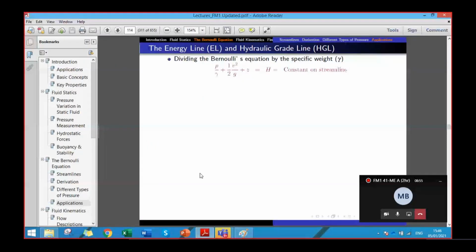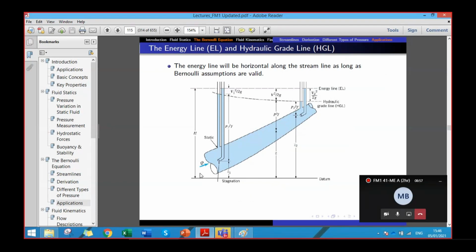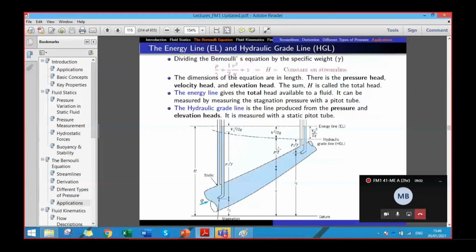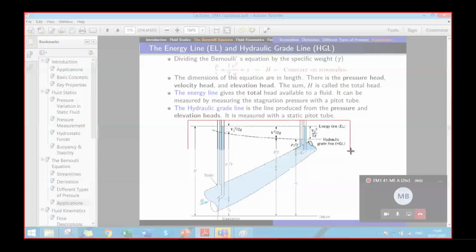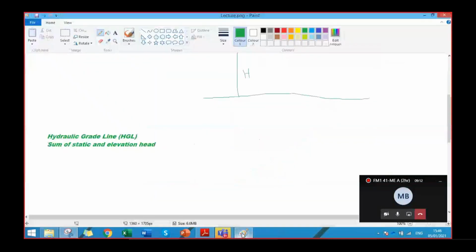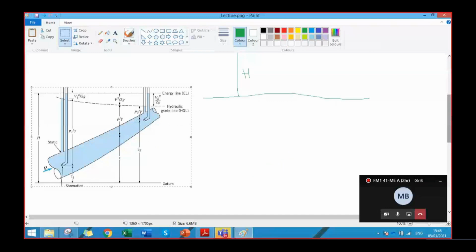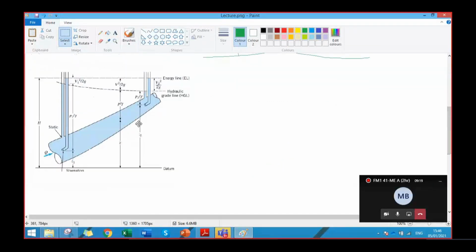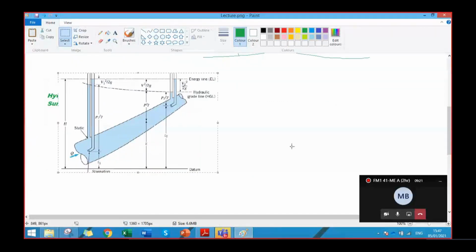Let's say we have a flow like this, as shown in the figure here. For this flow, we are interested in discussing the hydraulic grade line and the energy grade line.